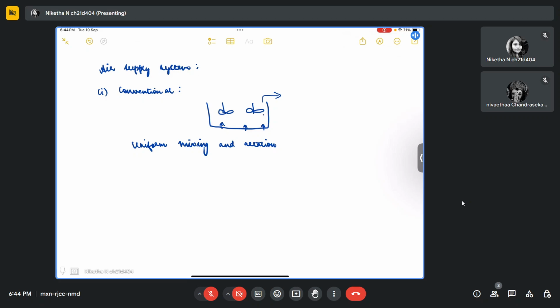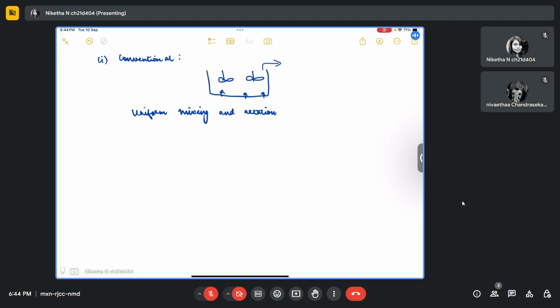So for using this air supply and mixing equipment you need a lot of electricity. So if you are providing both aeration and mixing at certain places in the aeration tank where it is not required, then that is a waste, right? So this is not energy efficient, and that is why they have come up with many other designs.